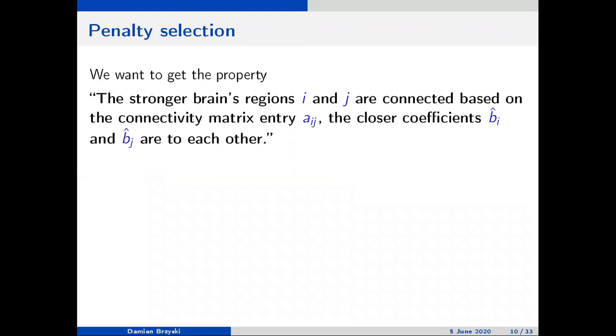So to choose the penalty, we would like to obtain the property that the stronger brain regions I and J are connected, based of course on this connectivity matrix, then the closer the estimated coefficients are to each other. So this is the main assumption we want to somehow reflect in the estimation procedure.